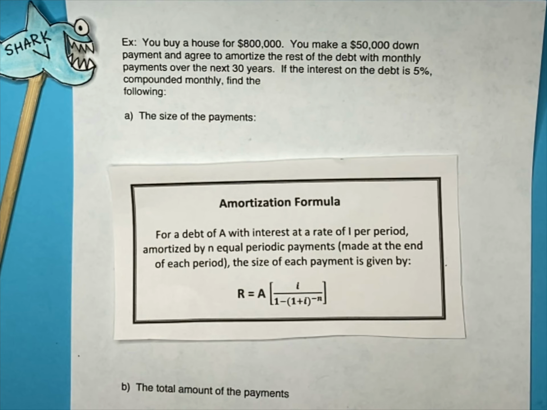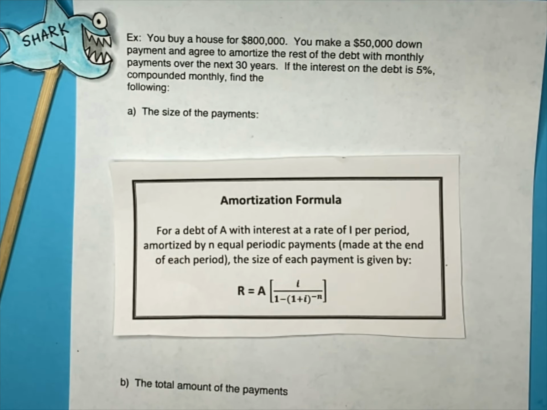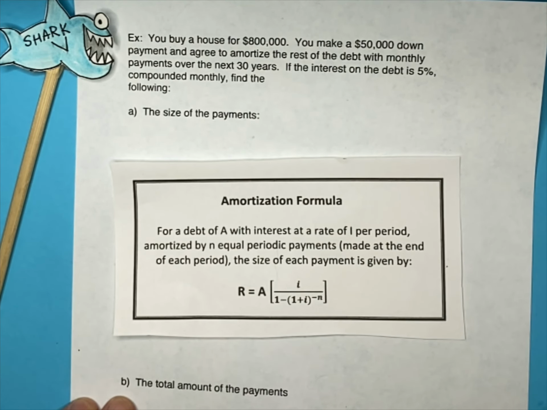So it's not a future value, it's a current value, and that's called amortizing a loan. You will definitely need a calculator of some sort because these are not easy problems to do in your head.